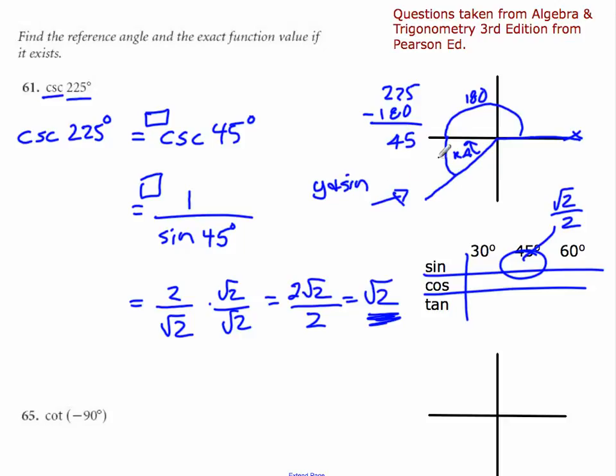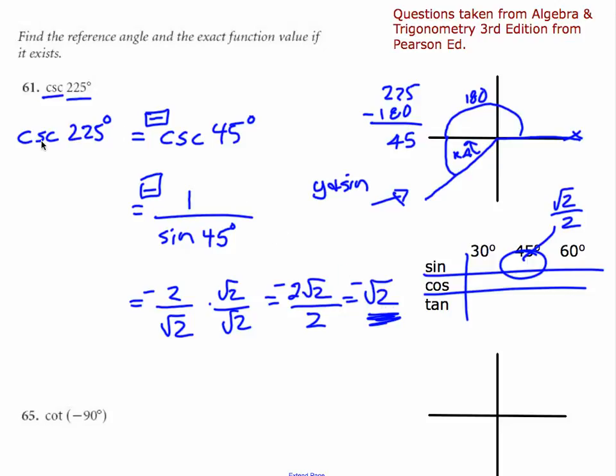The value of y down here is negative, so therefore the value of sine is negative. And if the sine is negative, so is the cosecant. So all of these should be negative, and my final answer will be negative root 2. So the cosecant of 225 is negative root 2.